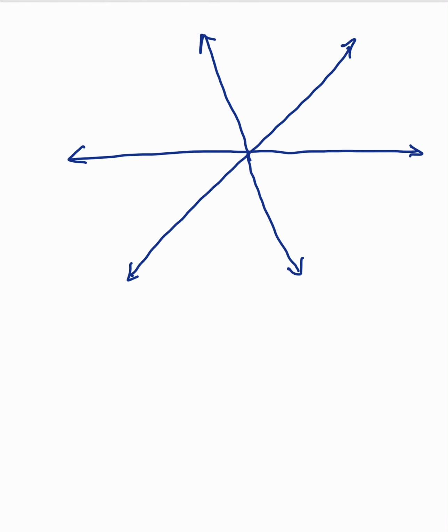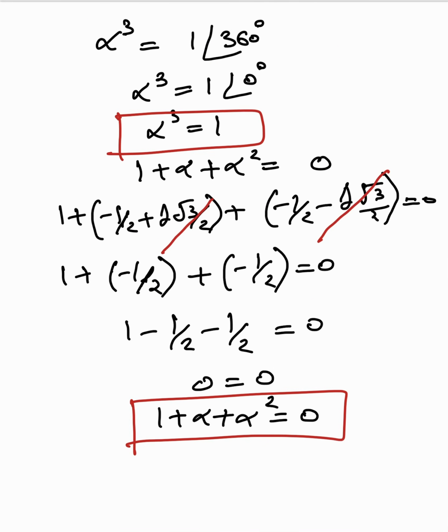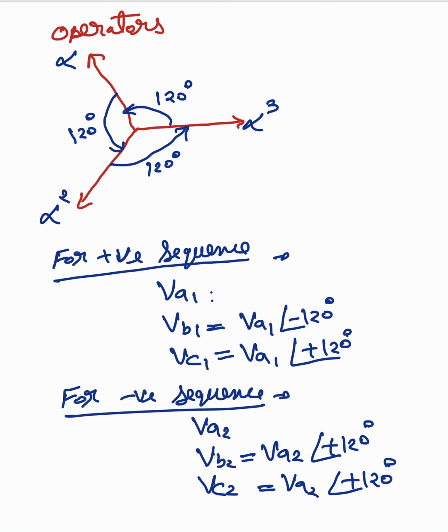You can see the values you have to consider: alpha cube, alpha square and alpha. The opposite of alpha is minus alpha, the opposite of alpha square is minus alpha square, and the opposite of alpha cube is minus alpha cube. Alpha cube is 1, and this one is minus 1. So this is basically all about the positive, negative and zero sequences and their operators.